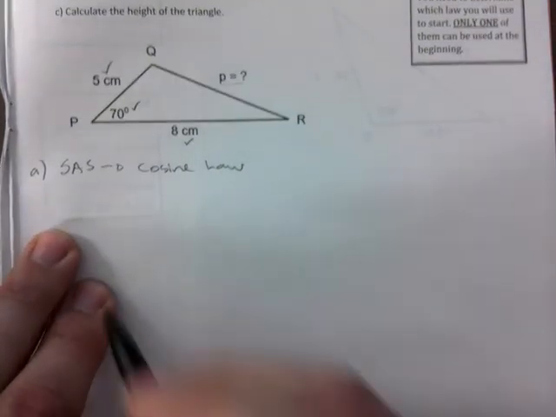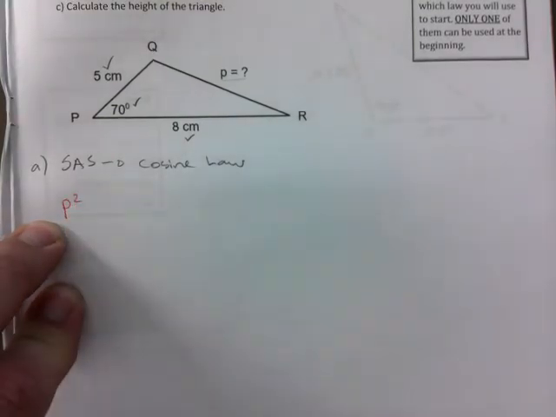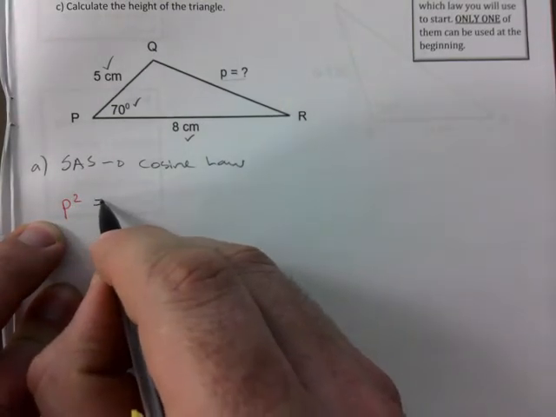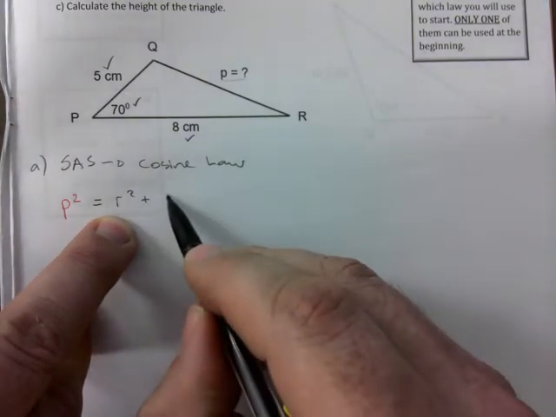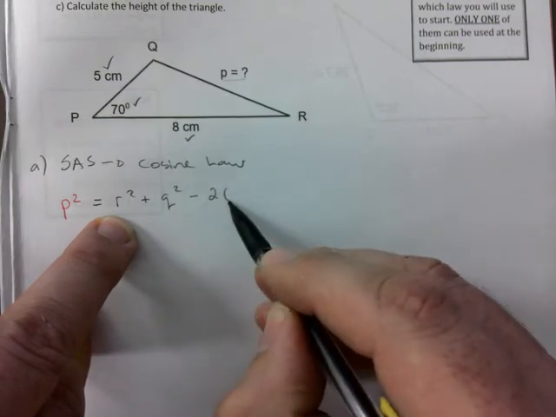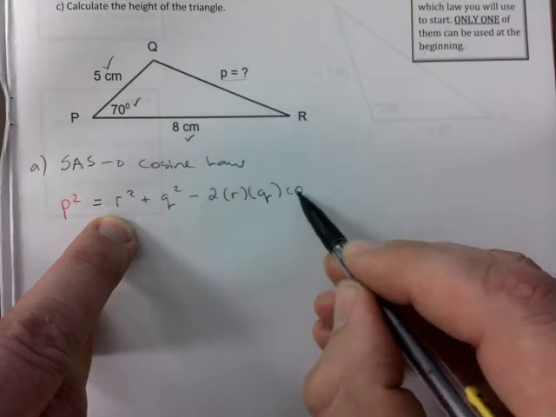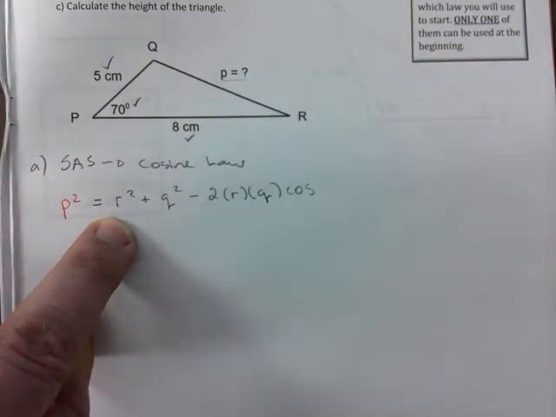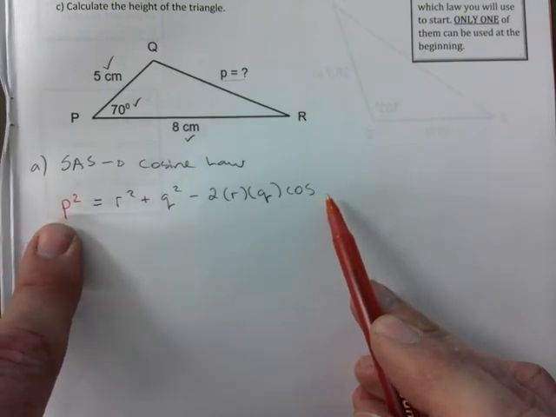So watch this. I'm going to go p squared is equal to r squared plus q squared minus 2 times r times q times cosine of, you should be able to fill in the blank. You should see the pattern that this is angle P here.